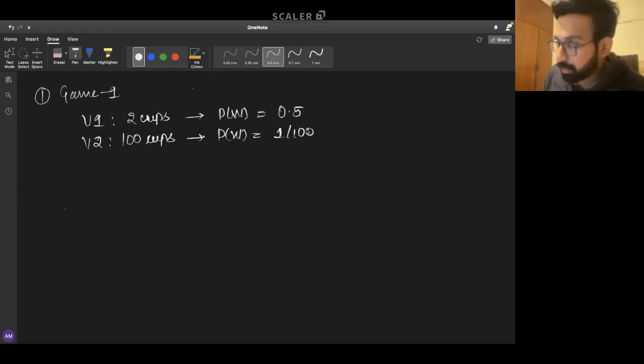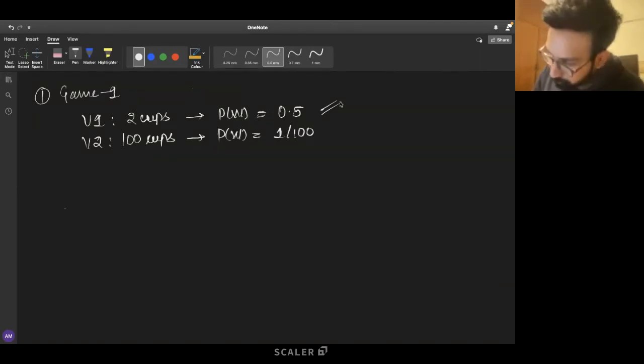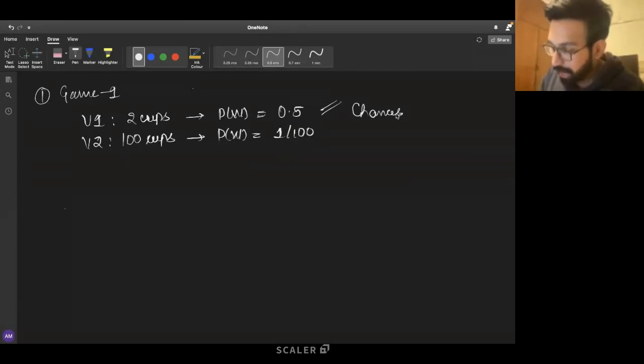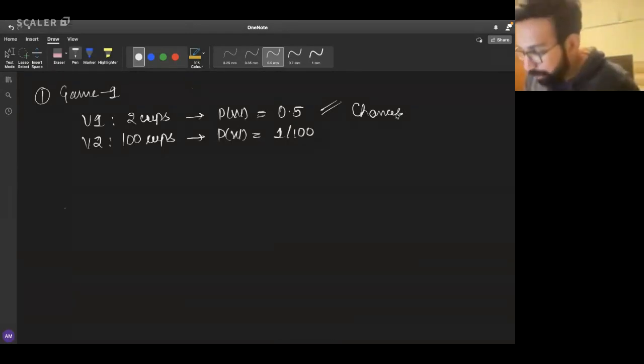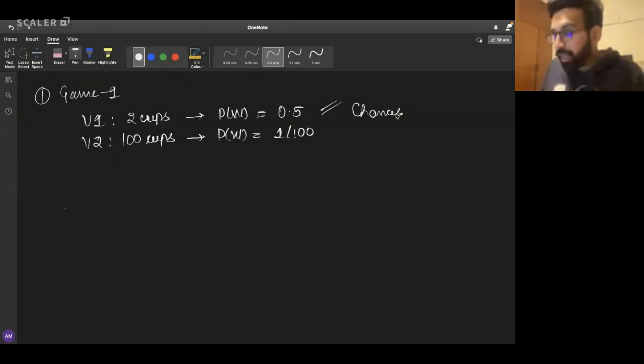I don't think there should be any doubt here. So clearly we can see that this has better chances of winning. Now it's very much probable that you would have picked this one, your friend would have picked this one, and your friend must have been very lucky to even win this game when he chose the one with 100 cups, which is very possible.